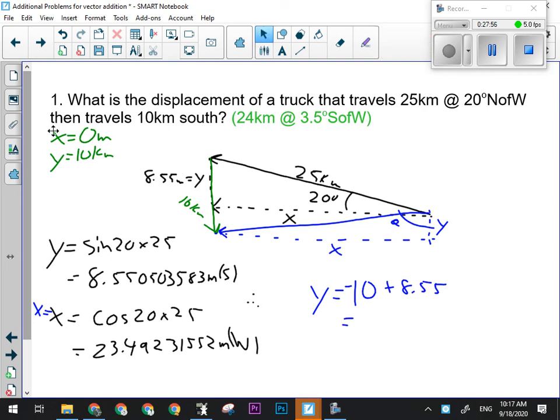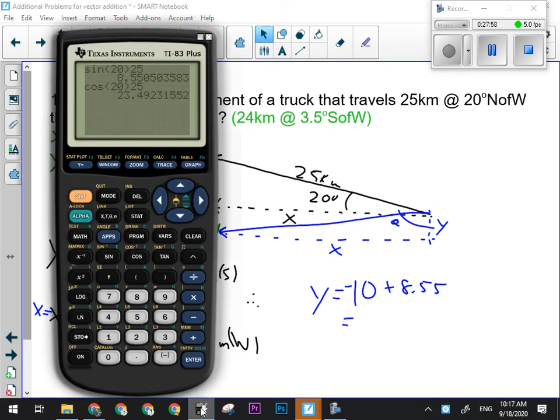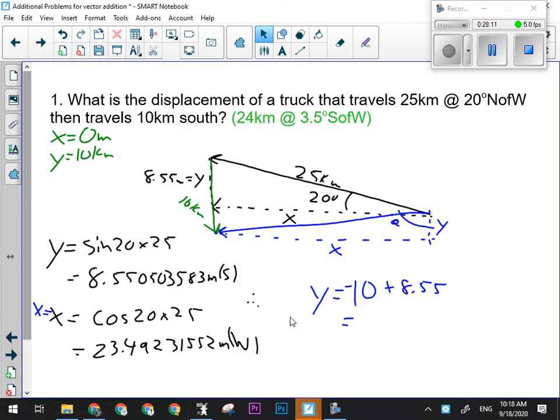Punching that in, we have 10 minus 8.550503583, so we're looking at 1.449 kilometers for our y, and that is south. Everybody all right with that?